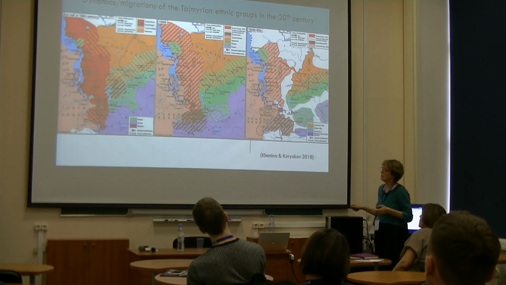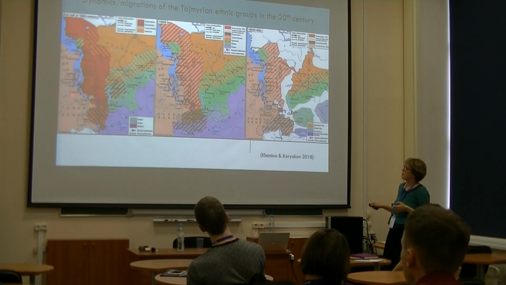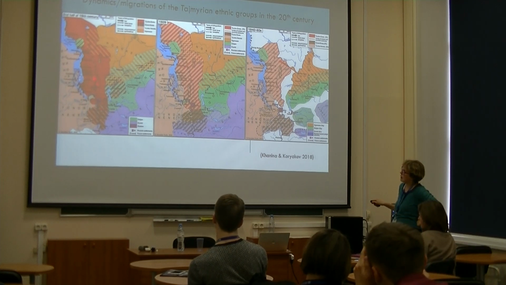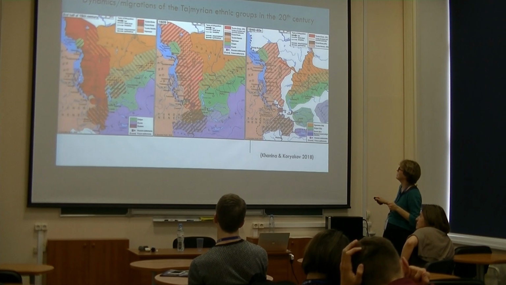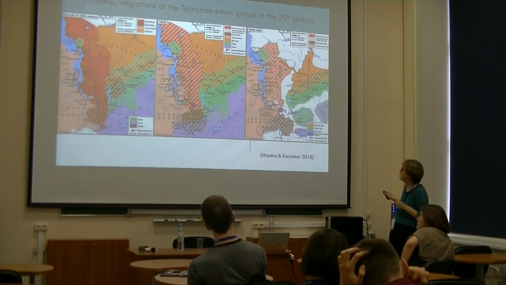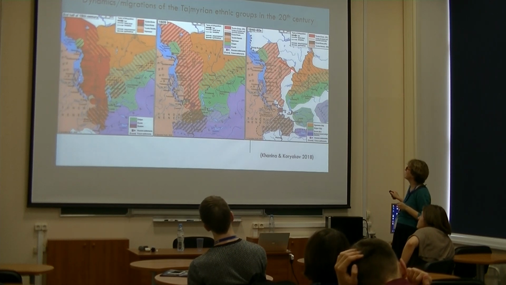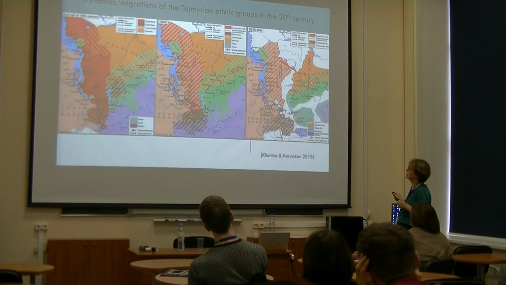So this was the pink Tundra Nenets. Then we can look at this big red group. And again, they occupy a huge territory here. Then they become partly assimilated by the Tundra Nenets, and even more assimilated by the Tundra Nenets. And you see here an arrow, and there was a big migration of a part of Tundra Nenets to the Nganasan lands.